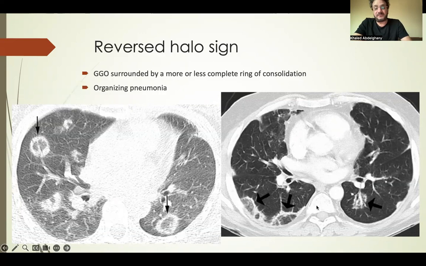The presence of reversed halo sign elsewhere in the lung will make it easy for you. But if it is only confined to the costal margin, it can be a mimicker for interlobular septal thickening. Take care of the irregularity of the thickening, which is thicker here, as it is a perilobular consolidation, and the core of the reversed halo sign.